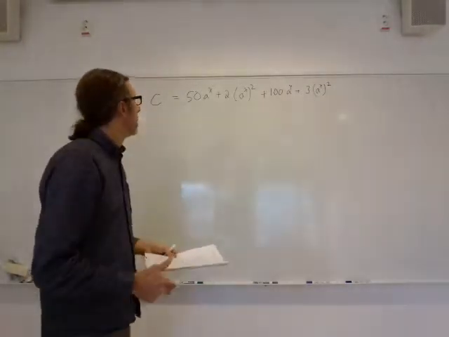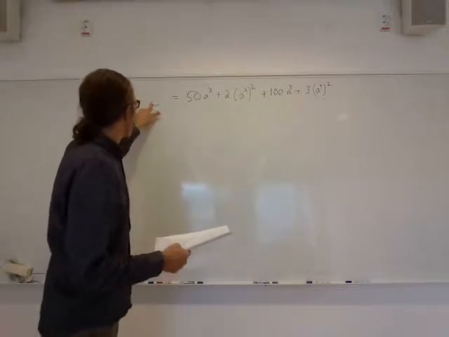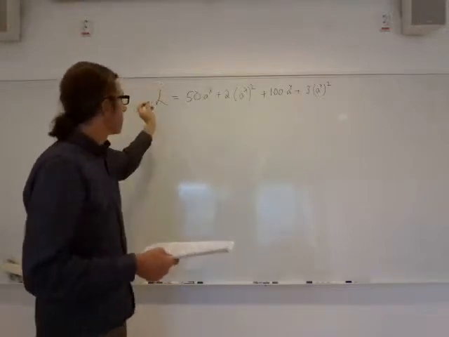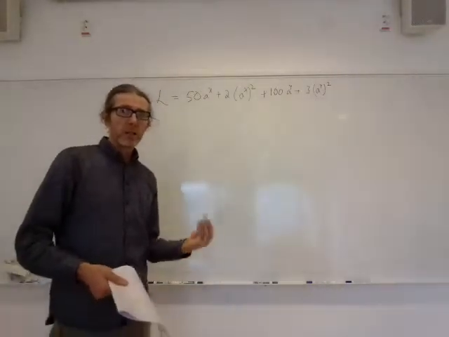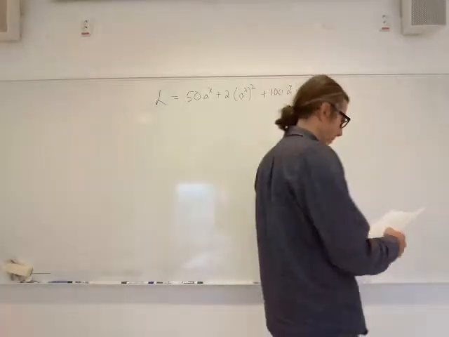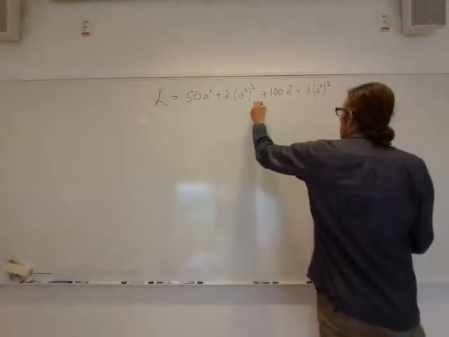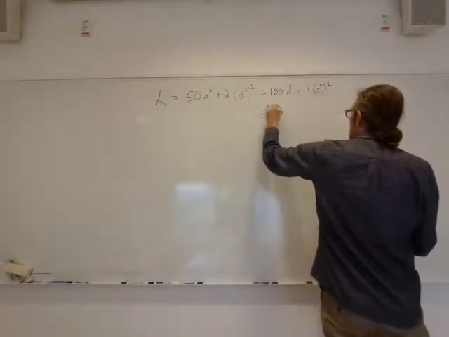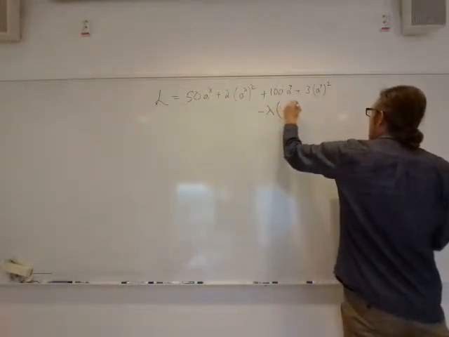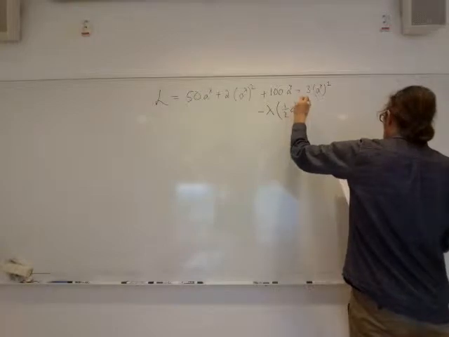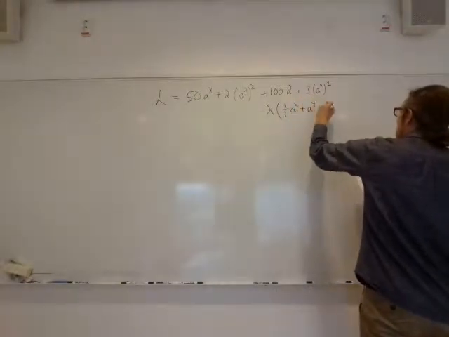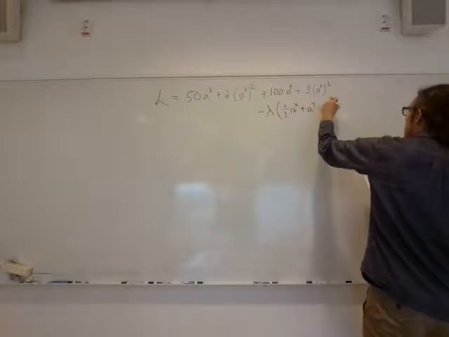So let's set it up as a Lagrangian instead. So instead of minimizing costs, we're just saying, look, we've got this Lagrangian, and we're going to look at the necessary condition. So then we have minus lambda times the restriction, which is half AX plus AY minus 30.